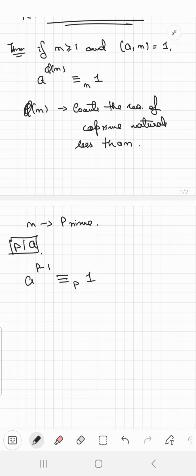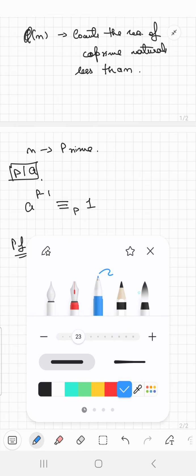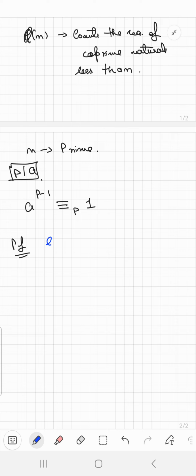So how do we prove it? Proof. What we do is use a very fine group which is called the group of units. What is basically the group of units?